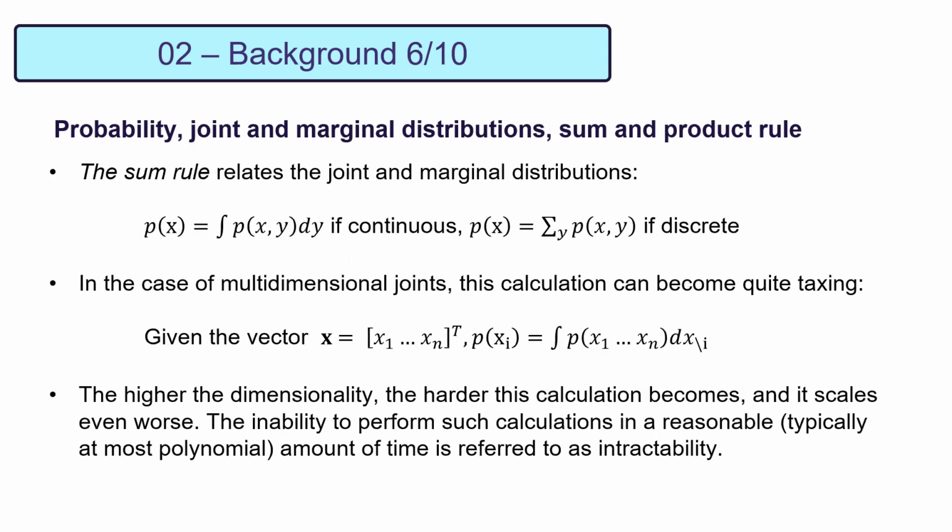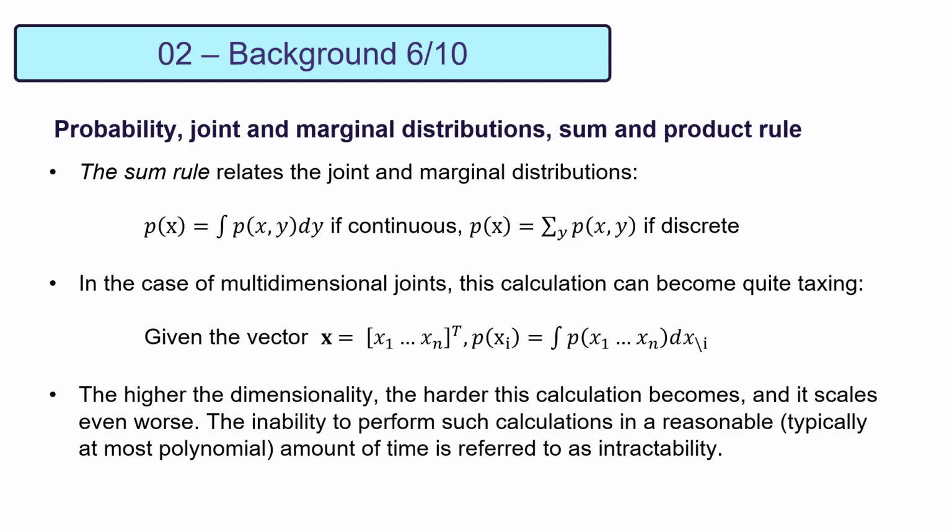Nice. So now let's talk about two very important rules, which are how do we go from joints to marginals or to conditionals, right? So the sum rule is the first one, and it relates the joint and marginal distributions. All it says is basically if you have a joint distribution, you perform a summation over one of the two variables, you get the marginal distribution. If the data is continuous, then the summation is continuous, which means it's an integral.